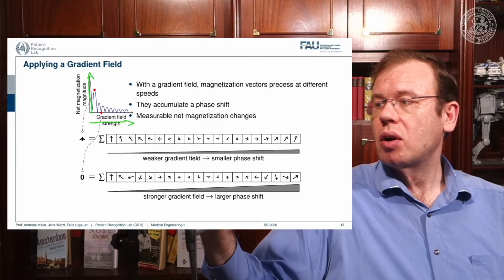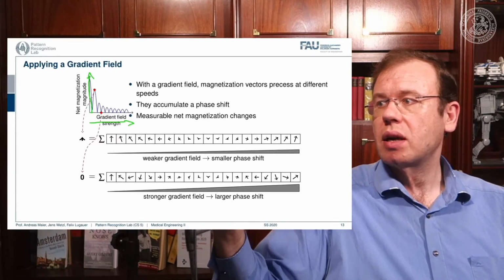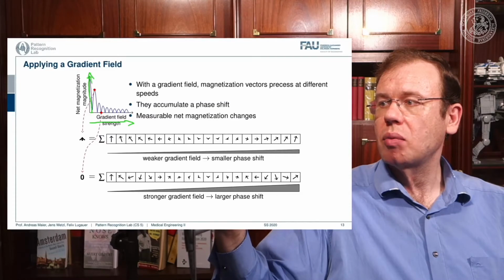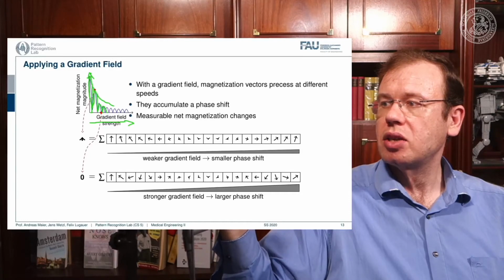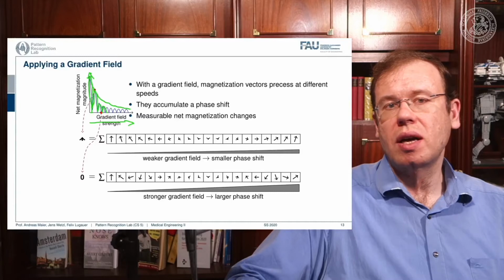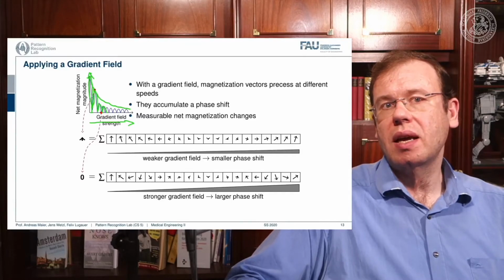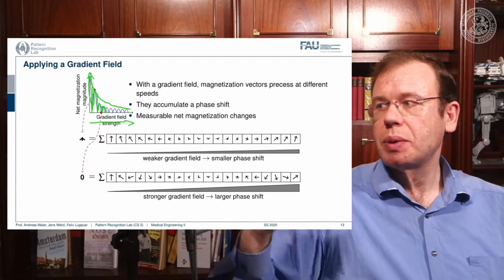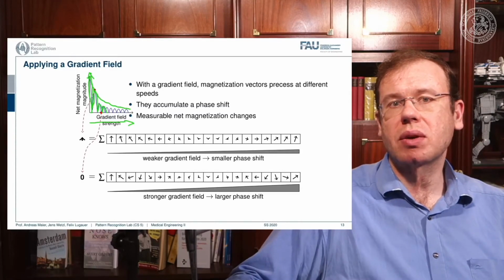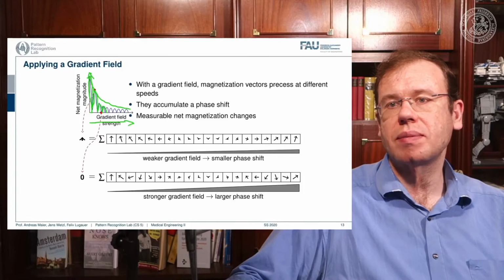Now, if I start applying a weak gradient field, I start reducing the signal. And you can see then, over increasing the field strength, I get these kinds of lobes. So I'm jumping up and down with the field strength, and I generally have a reduction in the general magnetization. But I can do this with repeated measurements, and I get these different kinds of resonance effects because I caused a different phase shift.